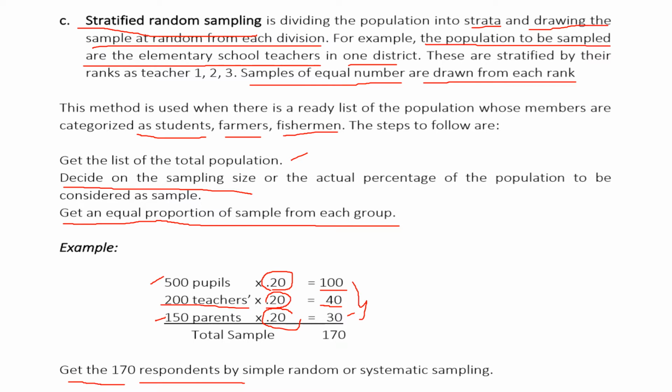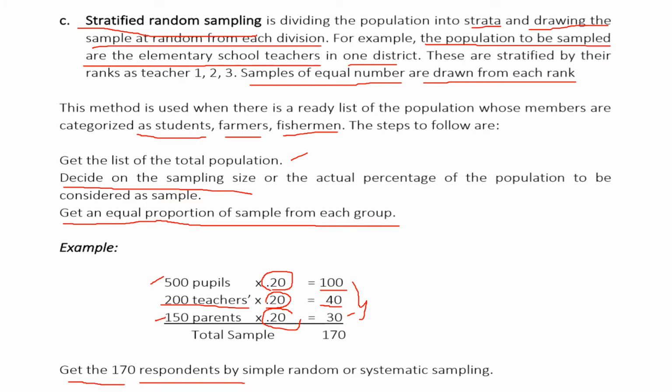In your stratified sampling, please do take note of this, it involves dividing the population into subpopulations that may differ in important ways. It allows you to draw more precise conclusions by ensuring that every subgroup is properly represented in the sample.